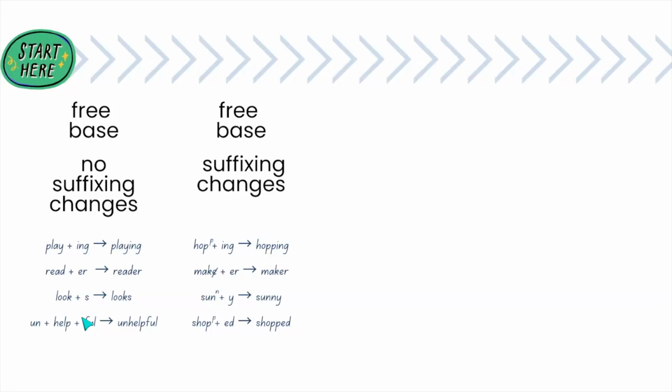Little side note there, if you do come across words that don't follow a suffixing convention as you think it should, there's always a reason. And usually the reason has to do with if it was followed as a suffixing convention, there would be confusion in the meaning of the word by the time you added that on.